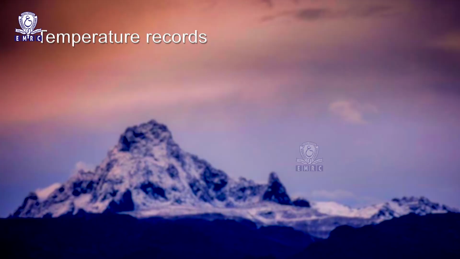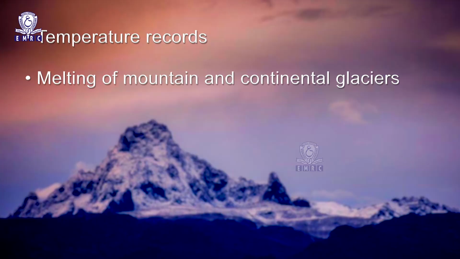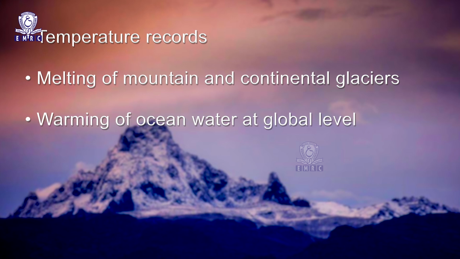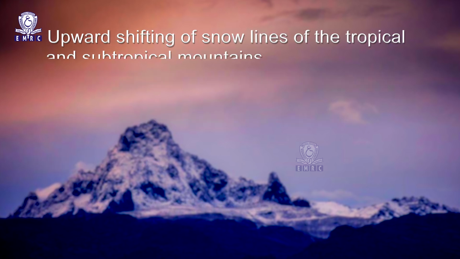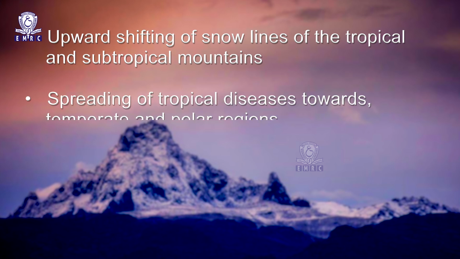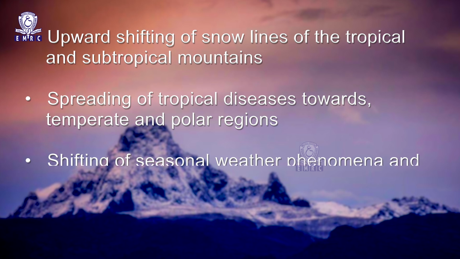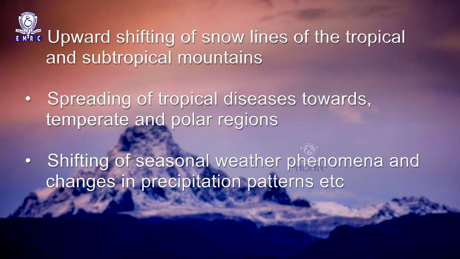The following evidences support the theory of gradual rise in the air temperature and consequent global warming: temperature records, melting of the mountain and continental glaciers, warming of the ocean water at global level, rise in the sea level, thawing of the permafrost areas, upward shifting of the snow lines of tropical and subtropical mountains, spreading of tropical diseases towards temperate and polar regions, shifting of the seasonal weather phenomena, and changes in the precipitation patterns, etc.